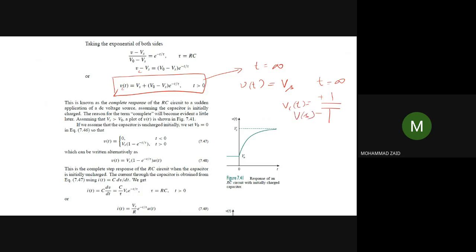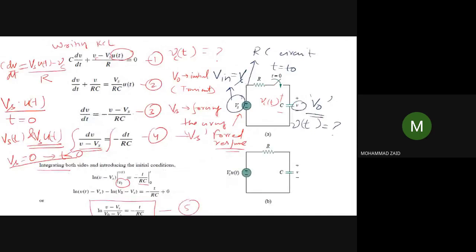Now, even if we do not carry out this derivation, we can conclude the same thing. From the property of the capacitor, you already know that the capacitor will eventually be charged to the source voltage, and that is what is happening here.